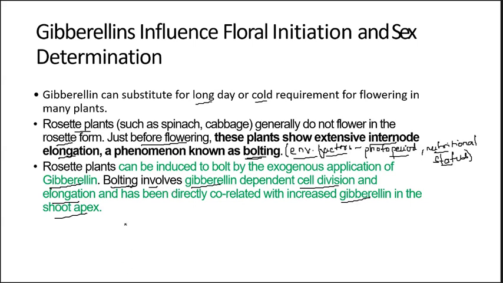So what we studied is that when gibberellin is applied to rosette plants, when do they show internode elongation? Just before flowering. But when gibberellin is applied, they immediately show internode elongation so that they can flower.